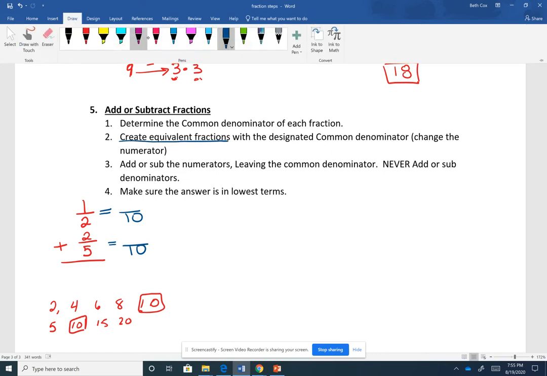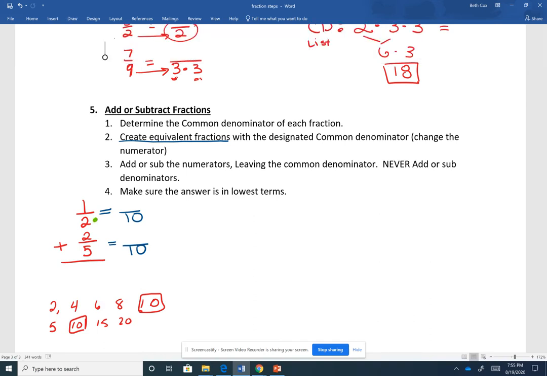So I know that if I multiply 2 times 5 and 1 times 5, I'm going to get 5 tenths. This one times 2, and this one times 4 tenths. And then I can add 5 tenths plus 4 tenths is 9 tenths.